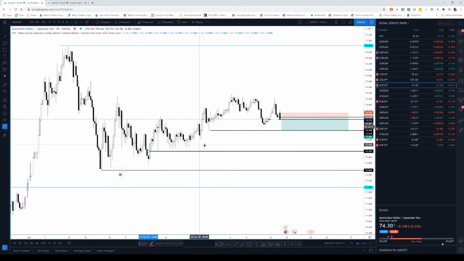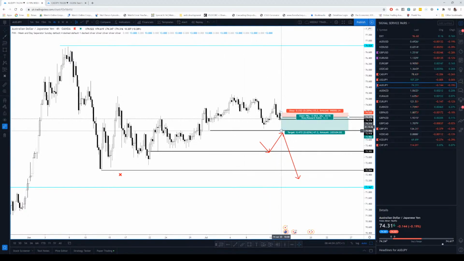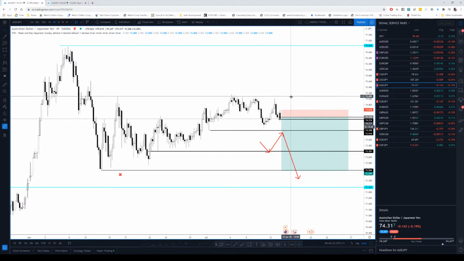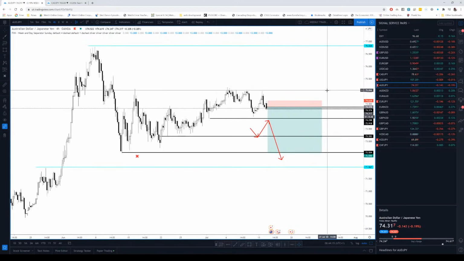So price gets here, I expect it to bounce up here probably, and then another move to the downside, something like this. So overall, this is what I'm expecting. All right, that's what I'm expecting. So let's see if we're gonna get that.